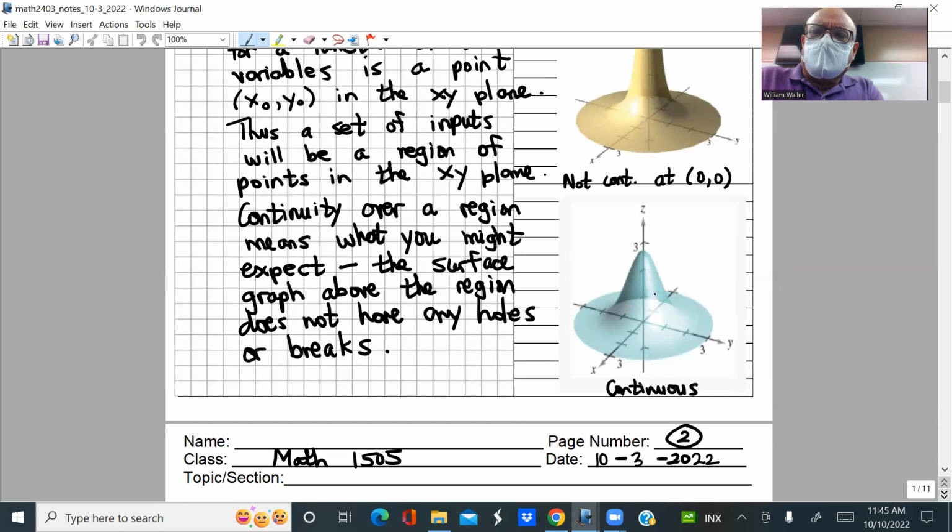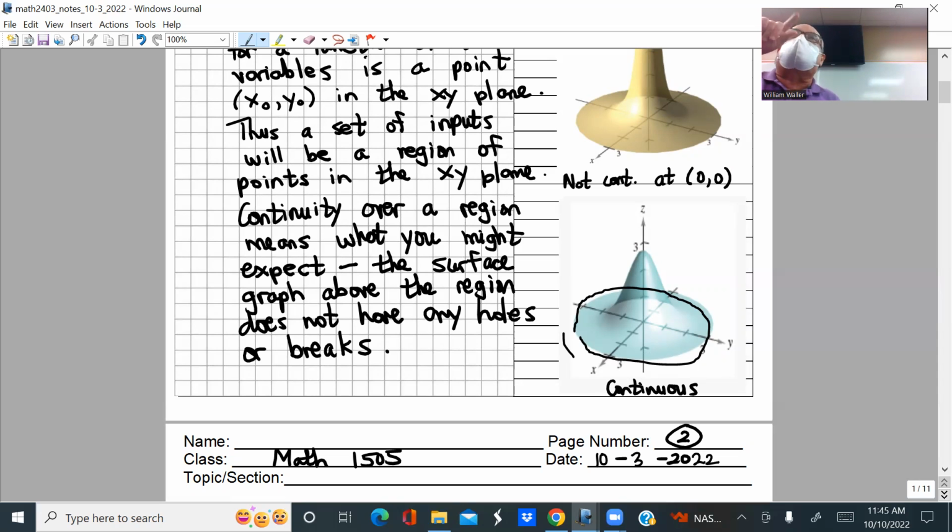That corresponds to this circle with radius 3 in the xy plane. Maybe the domain expands further in the xy plane, but at least this portion of the xy plane is part of the domain of this function.